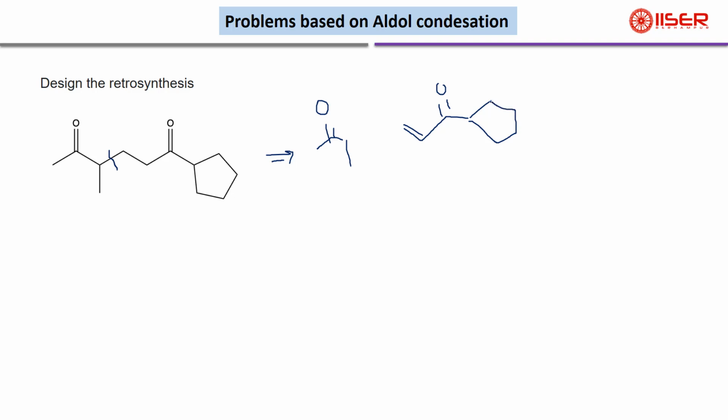Then if you just do another retro, this will be formaldehyde. To break from this place, and this will be a simple ketone with a 5-member ring. There is another probability.